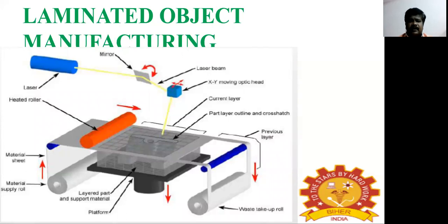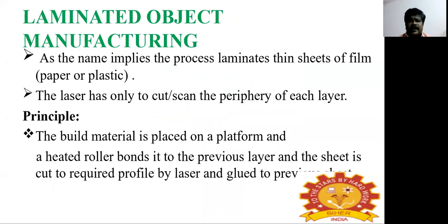We go for laminated object manufacturing. In LOM, first we can see the laser beam, the XY moving optic head, the mirror, the laser, heated roller, material sheet supply, material supply roll, rear part and support material, platform, and the waste take-up roll. This is the figure. In LOM, the name itself tells the process: it laminates film, paper, or plastic.